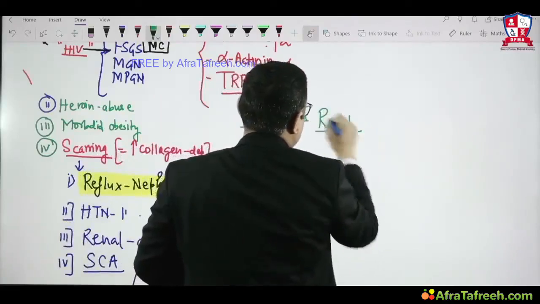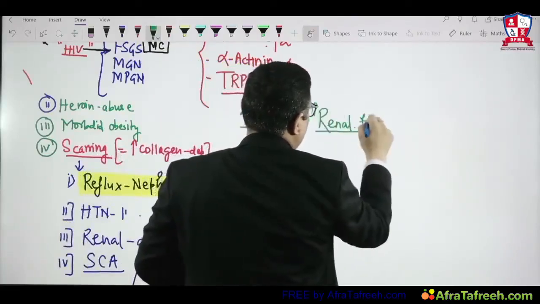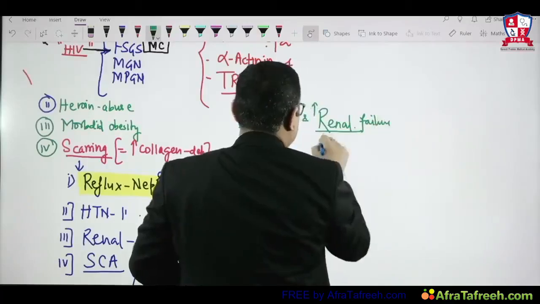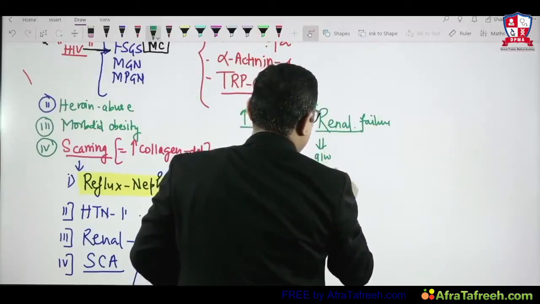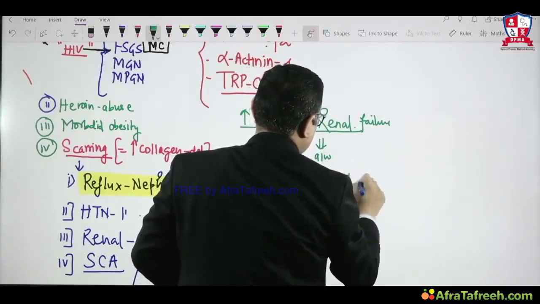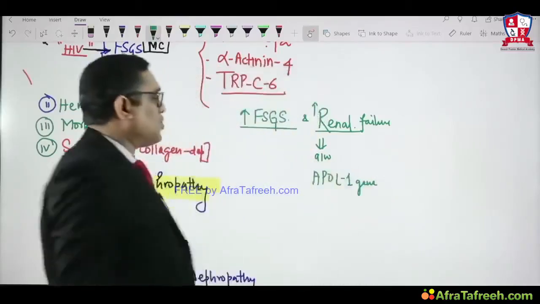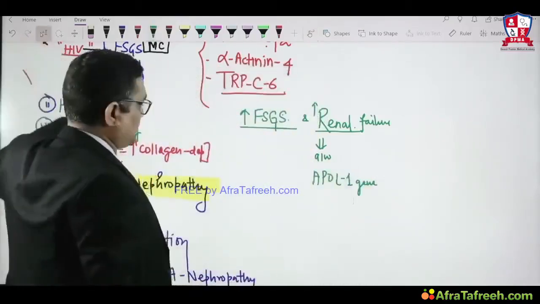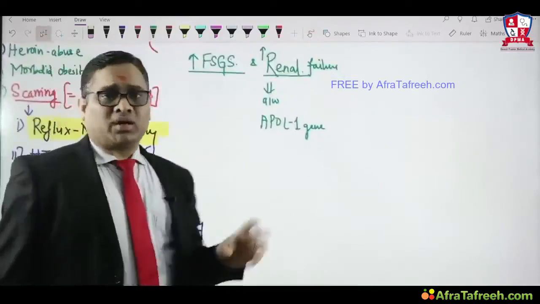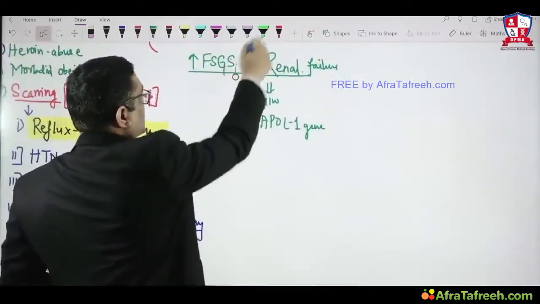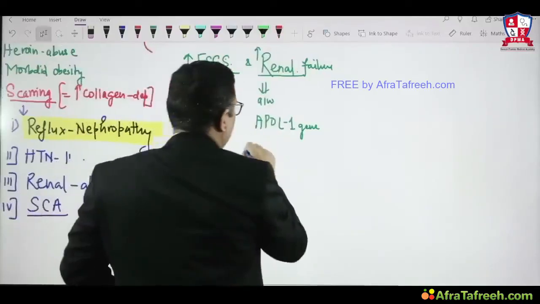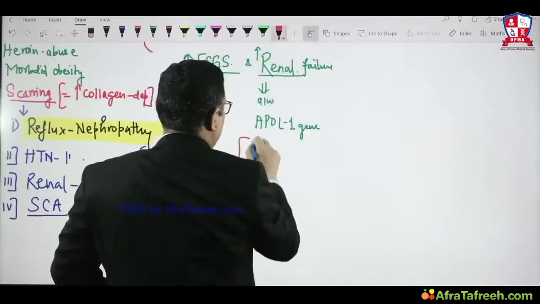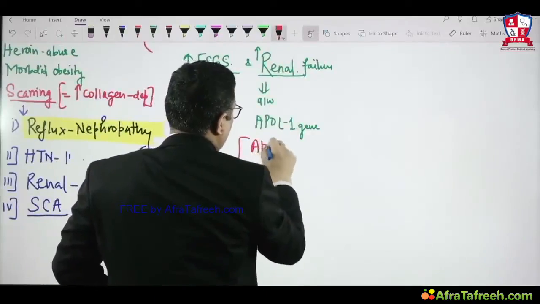This is associated with the apolipoprotein L1 gene sequence, right? So ApoL1 gene sequence variation on chromosome number 22. So remember, increased risk of FSGS is associated with apolipoprotein L1 gene.